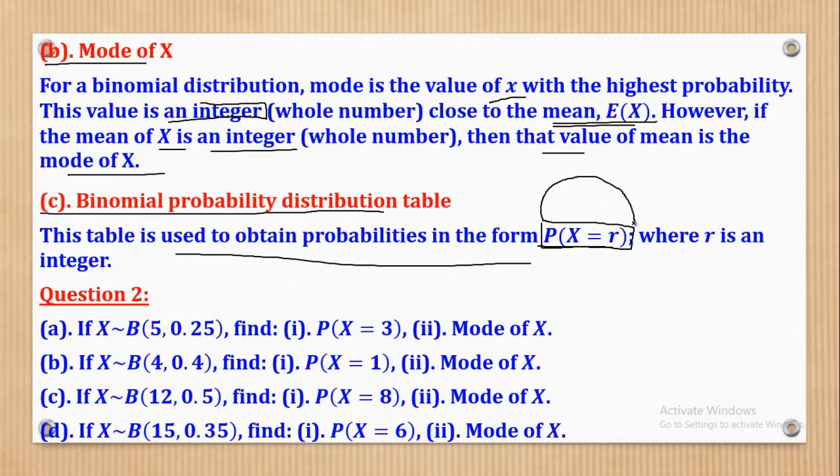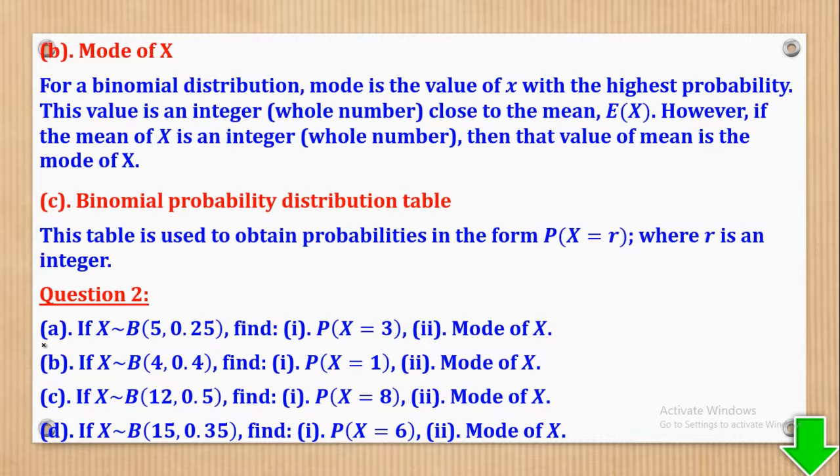The table is also available in the mathematical logbook. So these are the questions, part A, part B, part C, and part D. We shall see how to get these probabilities for each part using the binomial distribution table, and also how to get the mode for each part using this knowledge.